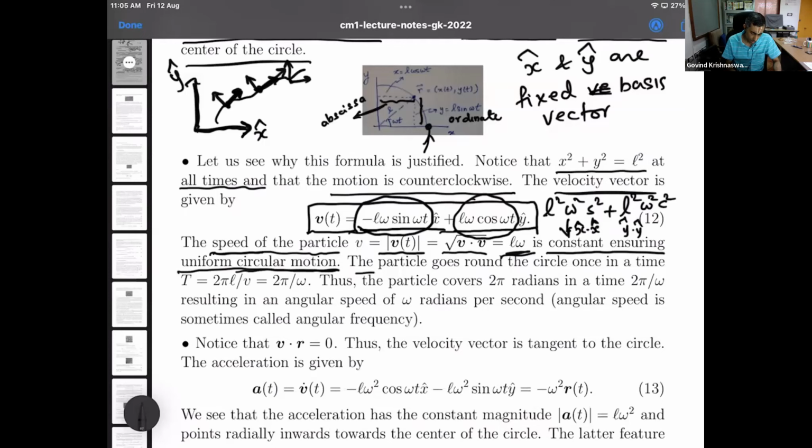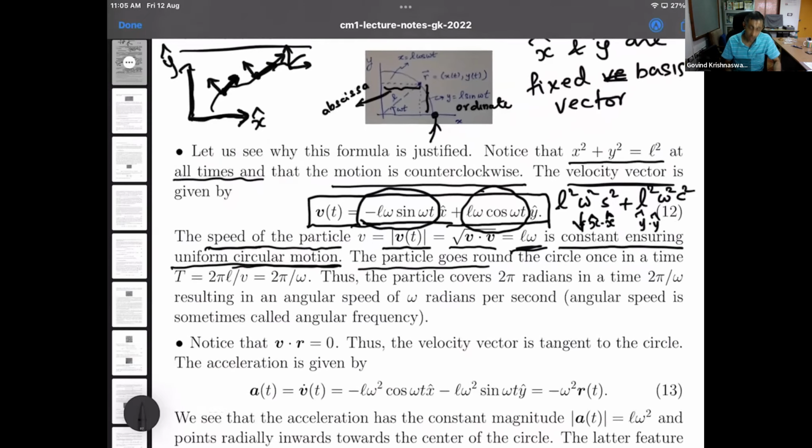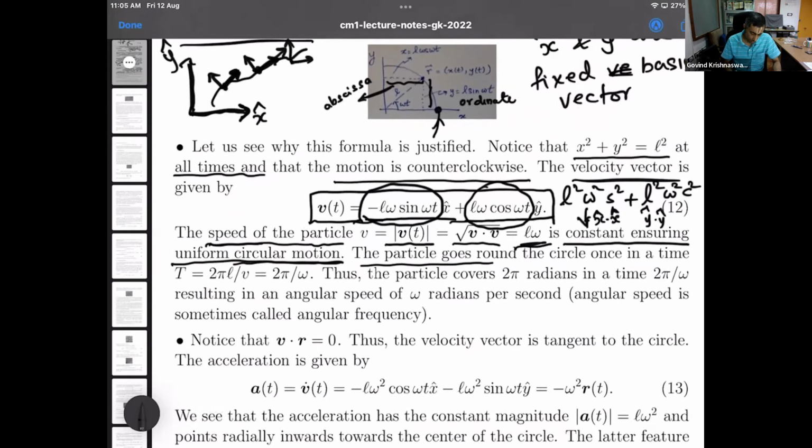Now the particle goes round the circle. Let us just address some more features of this so that we get used to these terms. The particle goes around the circle once in a time given by the distance covered, which is the circumference of the circle, 2 pi L, divided by the speed of the particle.